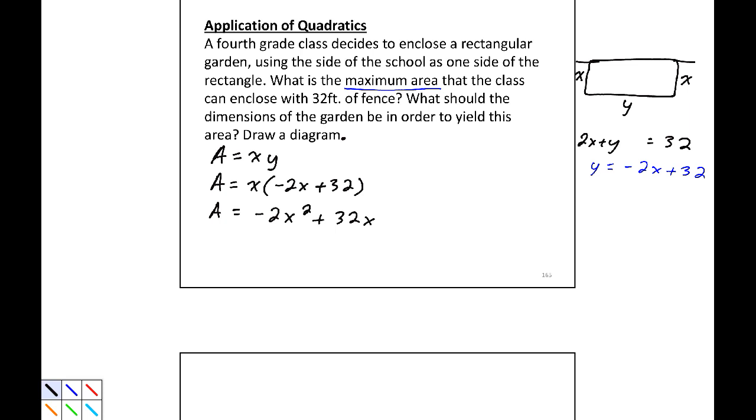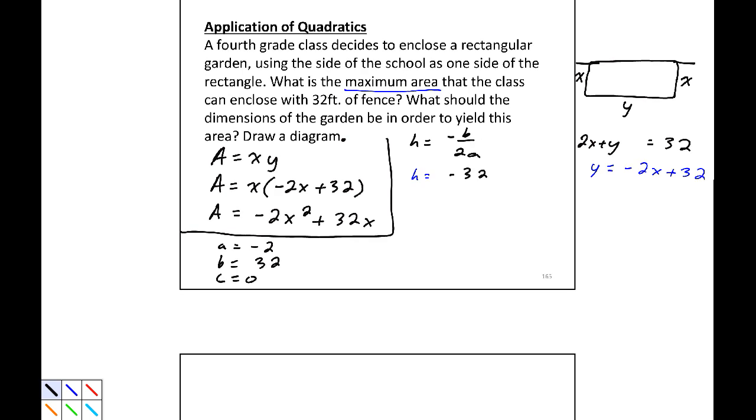We have h equals negative b over 2a. Here, a equals minus 2, b equals 32, and c equals 0, because there is no constant term. So our h would be negative 32 divided by 2 times minus 2. That would be minus 4 as the denominator, so this is positive 8. h equals 8.